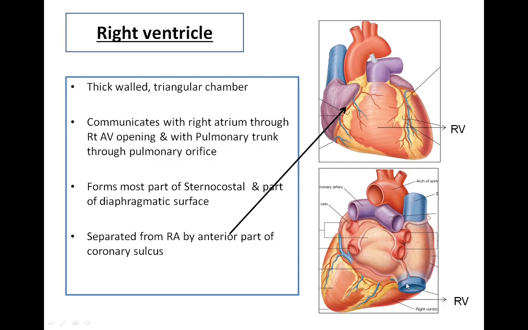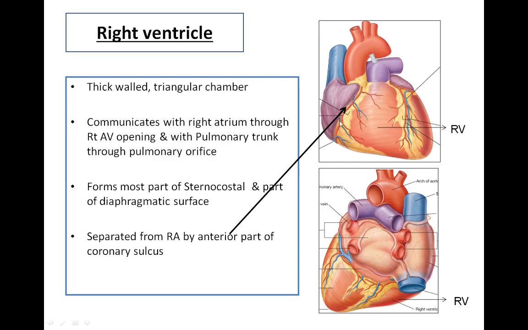See here, it comes this way. If we remove the inferior vena cava, then we can see this is the coronary sulcus. This is our base of the heart, formed by the left atrium and the right atrium. So it runs through the posterior part of the coronary sulcus. This whole thing is our coronary sulcus. Sulcus, mind it, not the sinus.